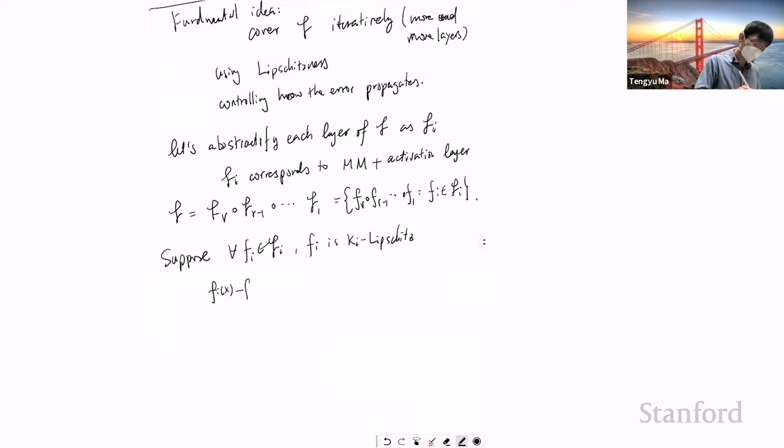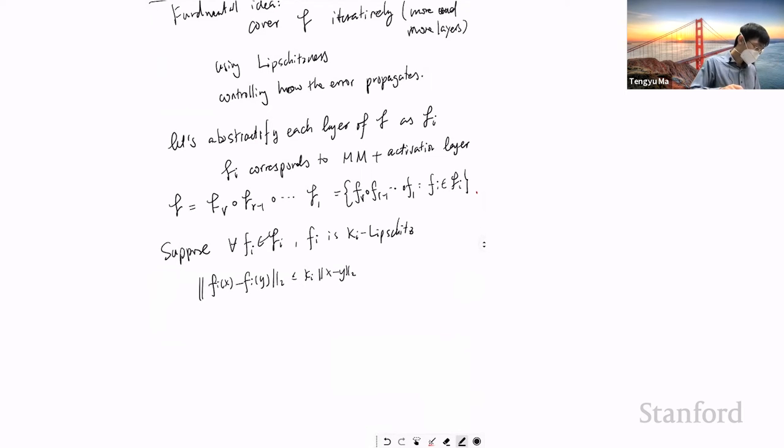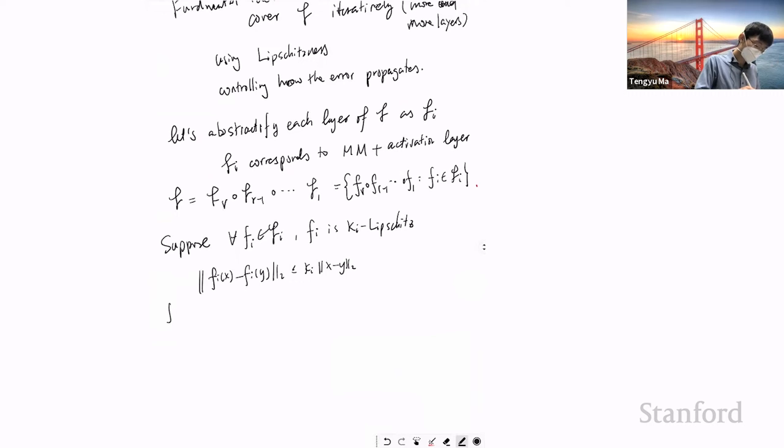These are just some preparations. So the 2-norm of fi(x) minus fi(y) is less than kappa i times the 2-norm of x minus y. And for simplicity, suppose fi(0) equals 0. This is also the case in the real setting we care about, a neural network.